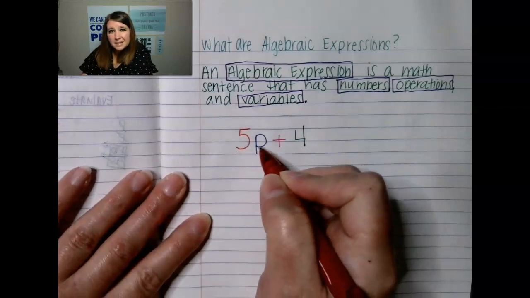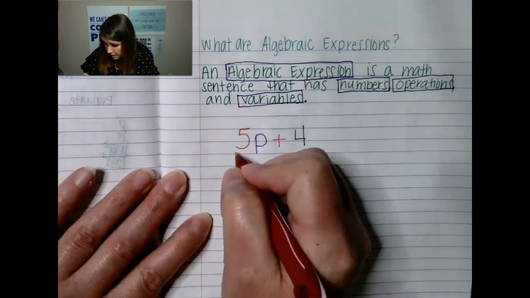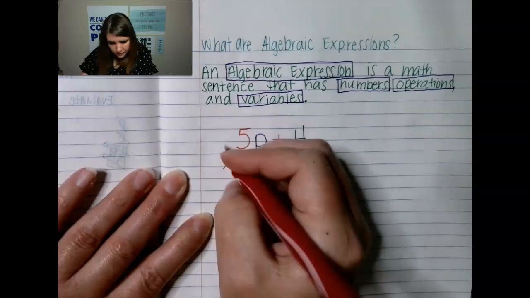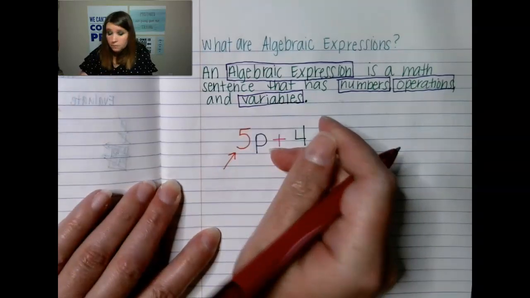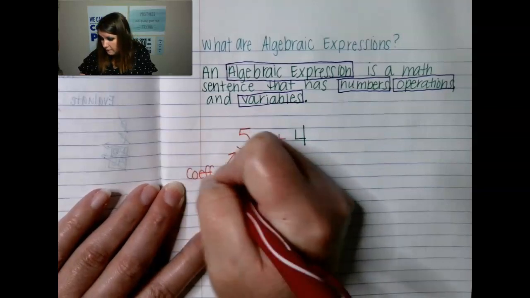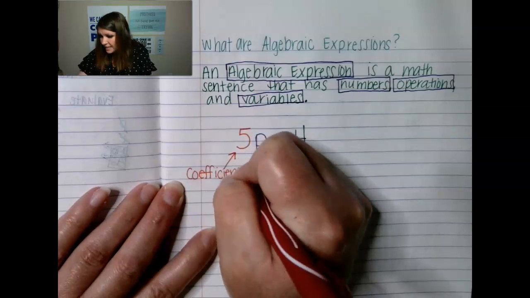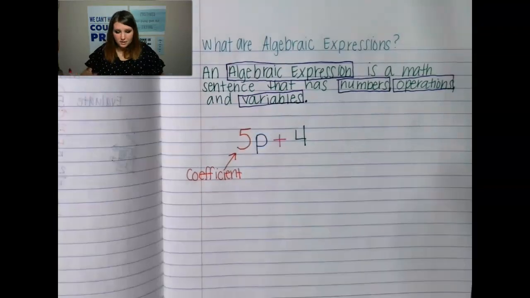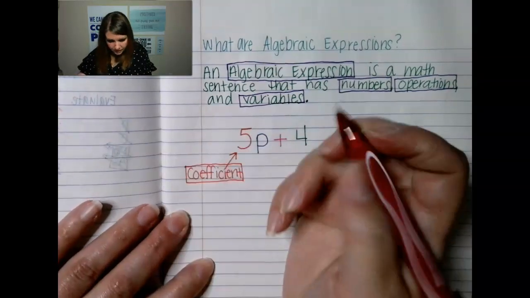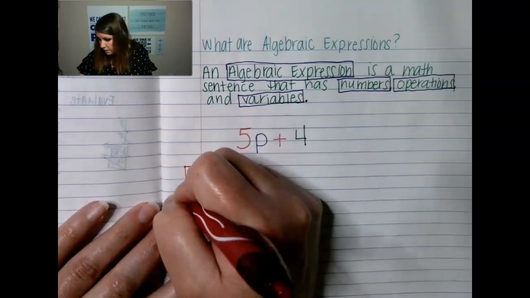It depends on it. It cannot stand alone. So this number here works with this p or any variable and is called a coefficient. It's codependent. A coefficient is a number that works with a variable.